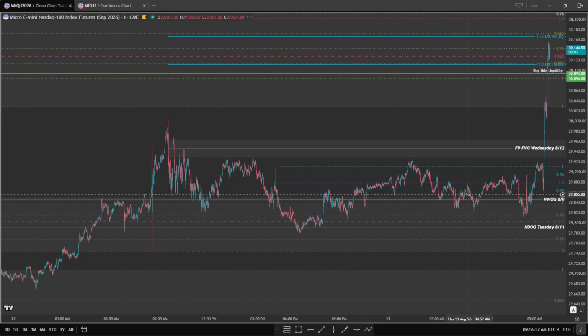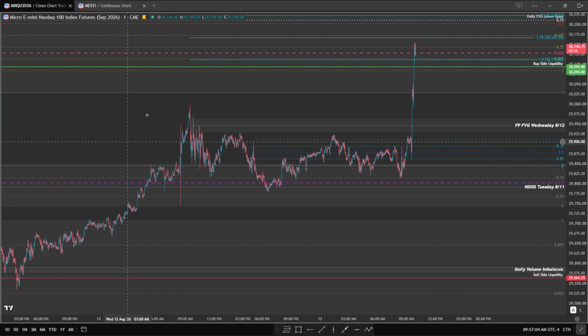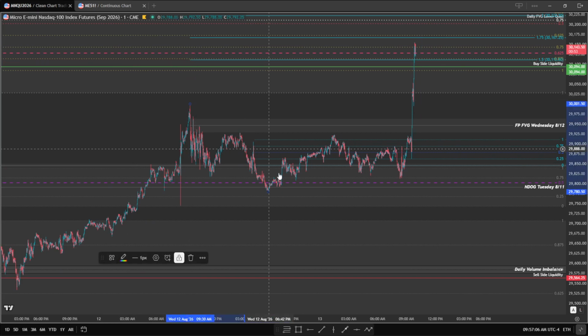And then these blue lines are just a projection of this range from this high to this low. So that is the range that we were trading in here, and then we're breaking out.